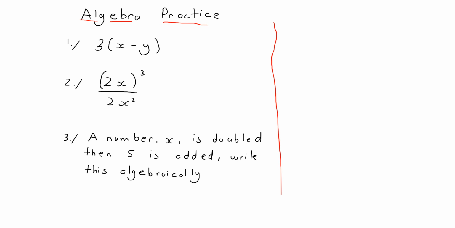So what we do is we times the 3 by the x and the 3 by the y, and we get 3x minus 3y. For my second one, I've got 2x cubed up the top, so that's going to be 8x cubed over 2x squared.